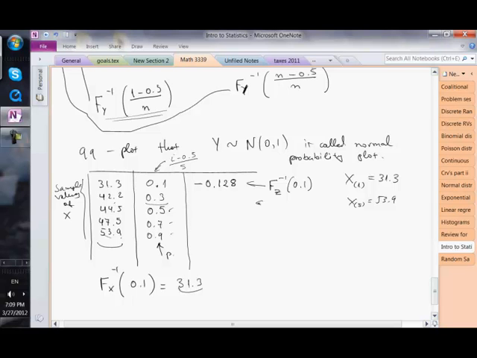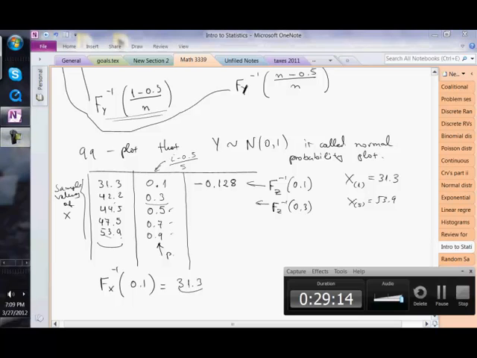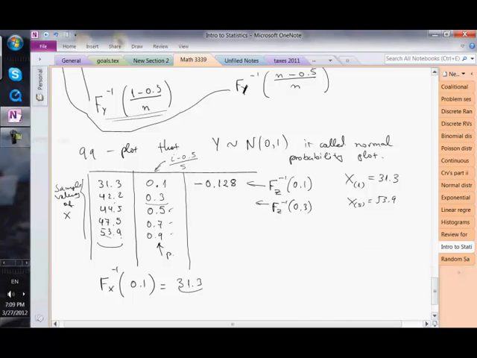Because that point here should be F of Z inverse equal to 0.3. And that point is precisely, we'll look at the tables, negative 0.52.